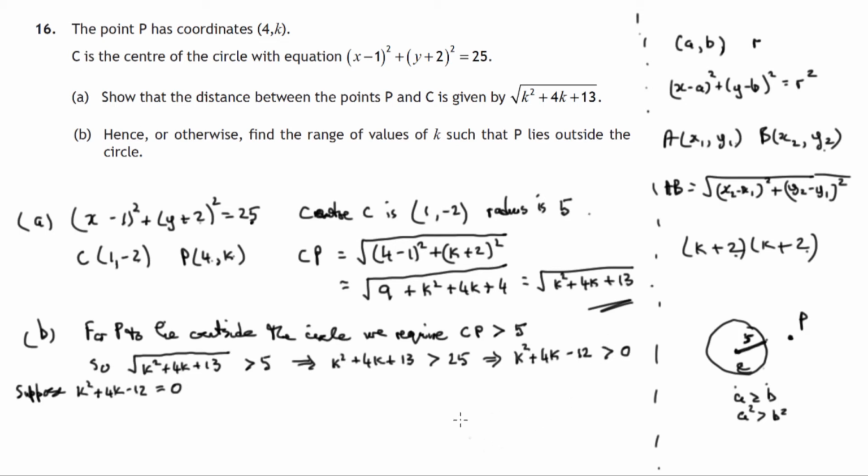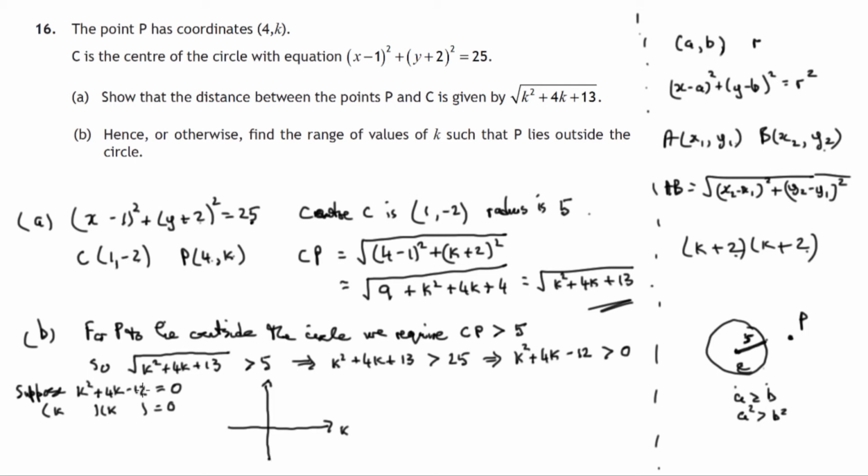If we were to draw a graph showing the values of k squared plus 4k minus 12, against the k-axis, we'll get a parabola. I want to know where it crosses this k-axis. So we'll need to factorize this expression and solve this equation.